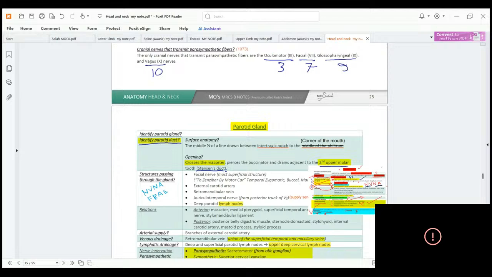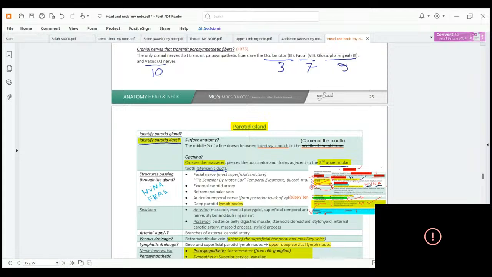Then the parotid gland. Structures passing through the parotid gland: the facial nerve, then NVNA. Nerve, facial nerve, then vein. Which vein?